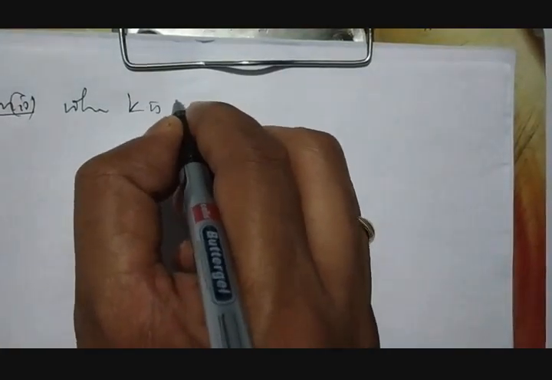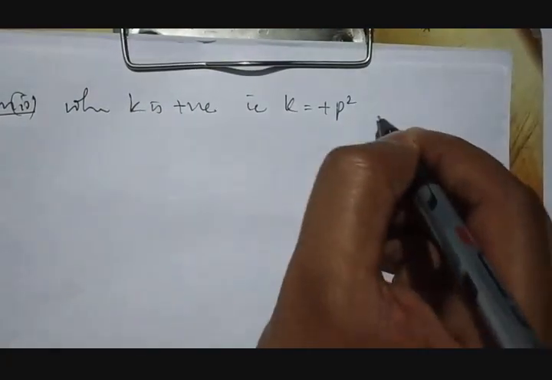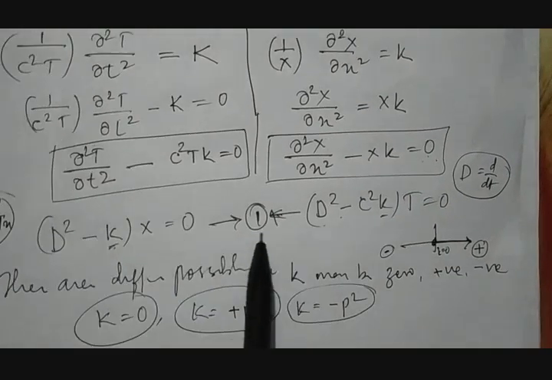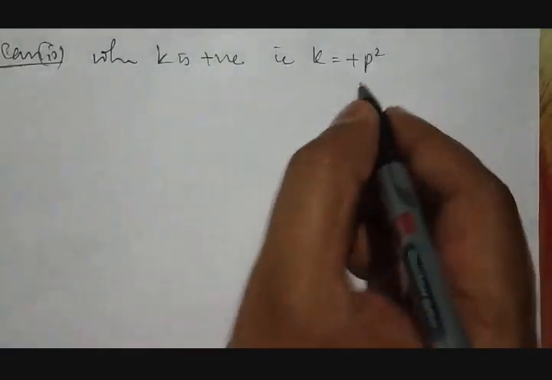What is the second case? The second possibility, case number 2, is when k is positive, that is k is equal to plus p square. Substitute this, go back to equation number 1. Substitute here k is p square because it is positive now.